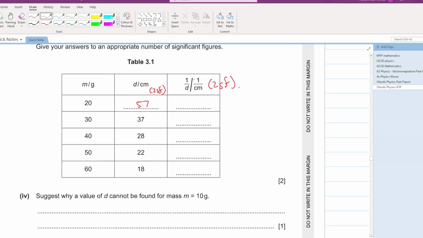If I calculate the first value of 1 over d, that is 1 divided by 57, this comes out to be 0.0175. I cannot write this entire value. This is three significant figures. I will have to convert it to two significant figures. 0.018 can be my answer.